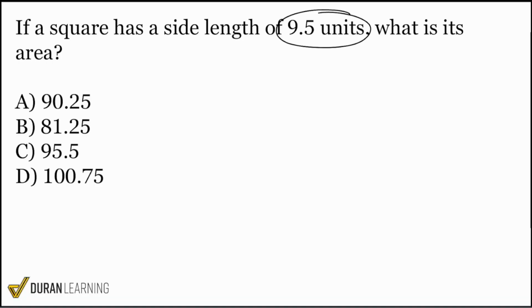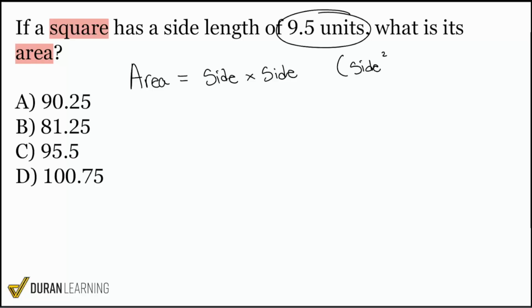But don't let that distract you from the fact that we are calculating the area of a square. So the first thing you should be ready to spit out is the formula for the area of a square. And that's going to be area equals the side length times the side length. So side times side, or side squared. They're both the exact same thing.